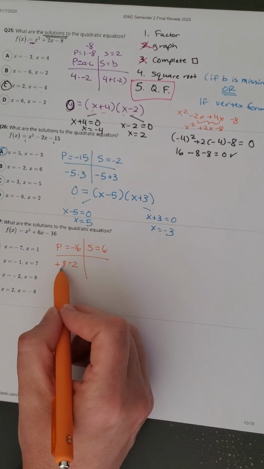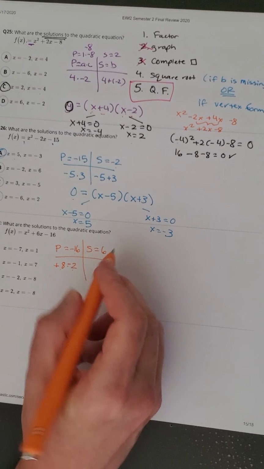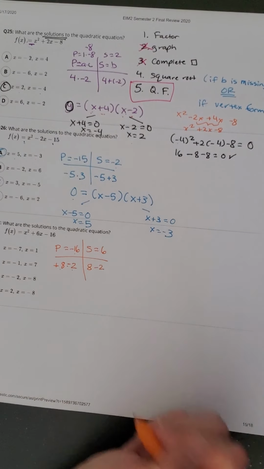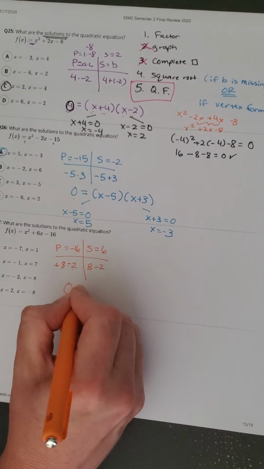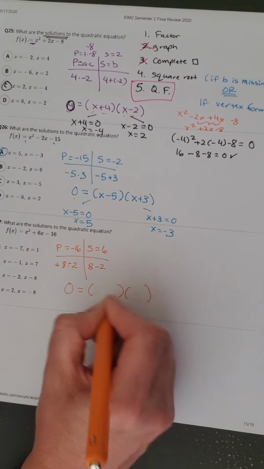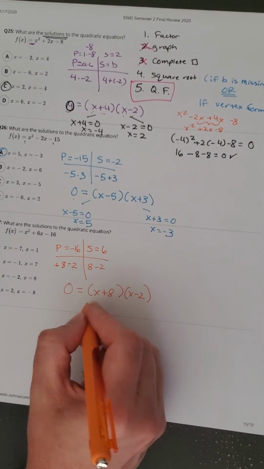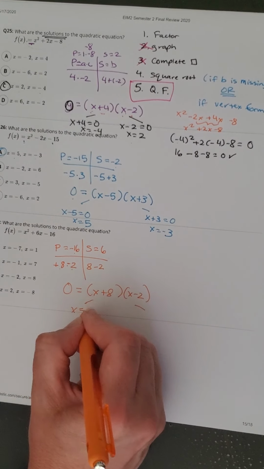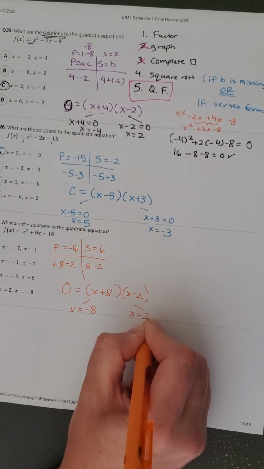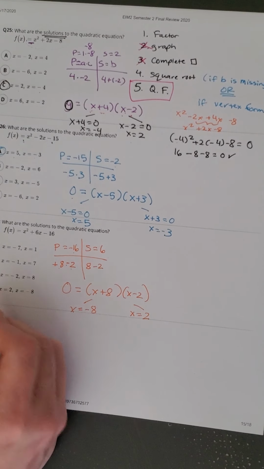My bad. 8 times negative 2 is negative 16, and 8 minus 2 is 6. And so this will be 0 equals x plus 8 and x minus 2. Set each one equal to 0: x equals negative 8, and x equals 2. So negative 8 and 2, D.